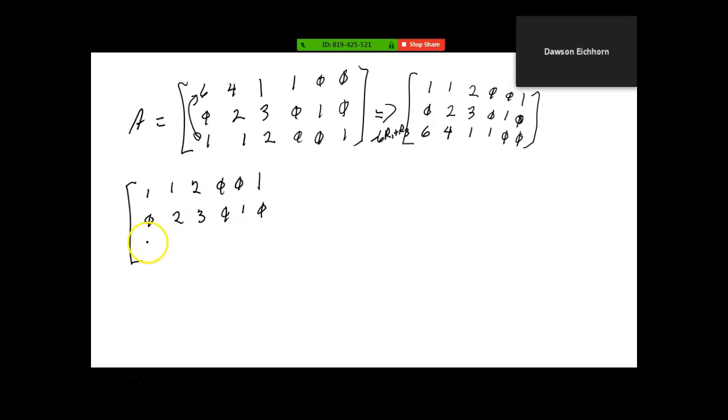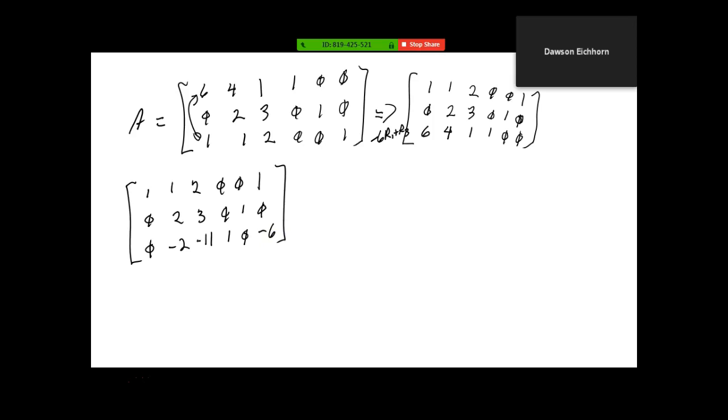And what's your new row 3? 0, 1. Right. Got it. Okay. Next.